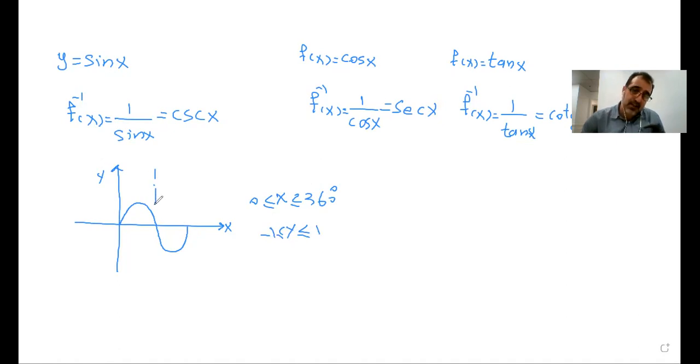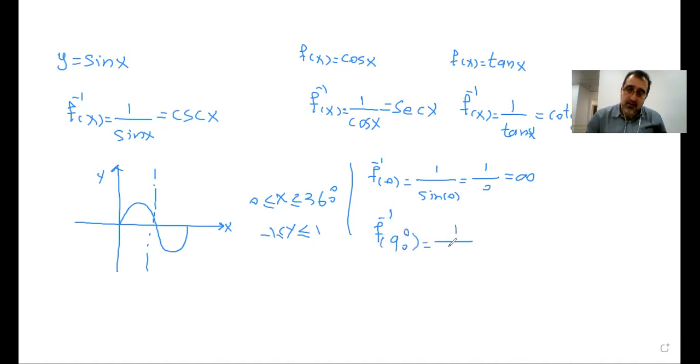But what about cosecant x? You see, for 0 degrees, 1 over sine 0 is 1 over 0, undefined. For 90 degrees, 1 over sine 90 degrees is 1 over 1, which makes 1.